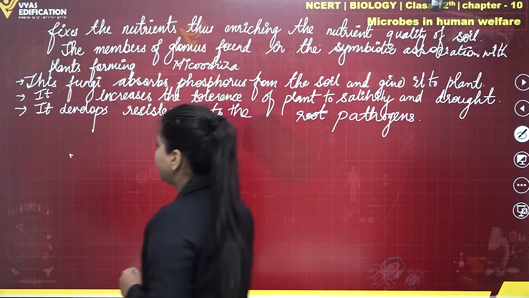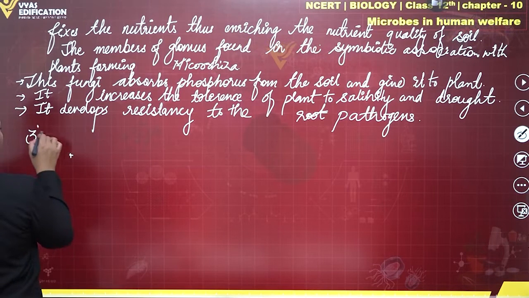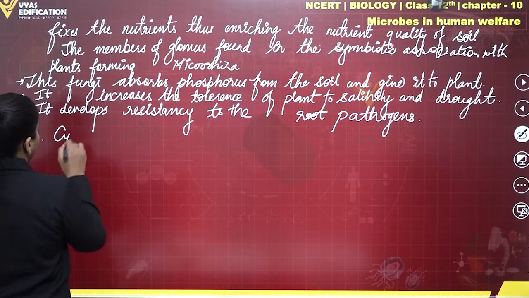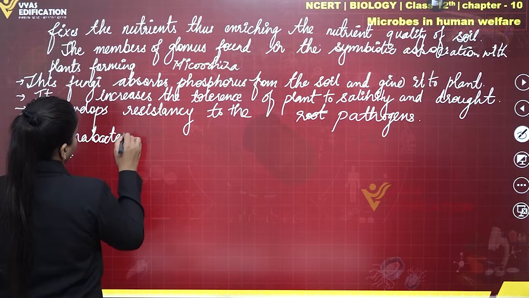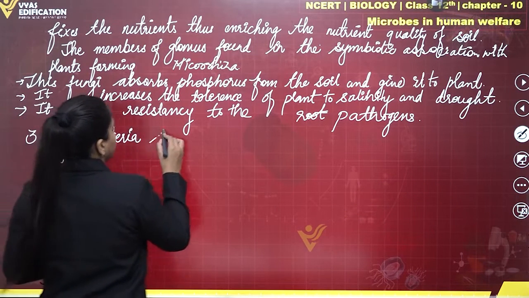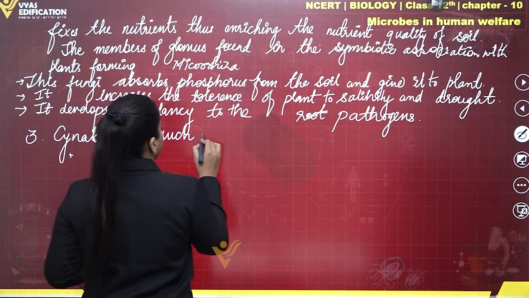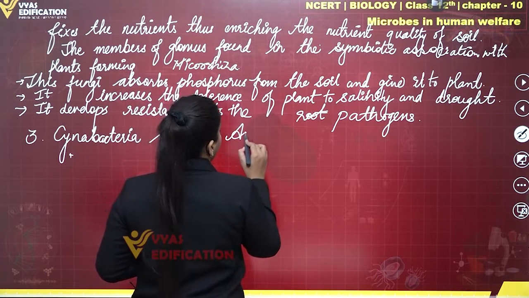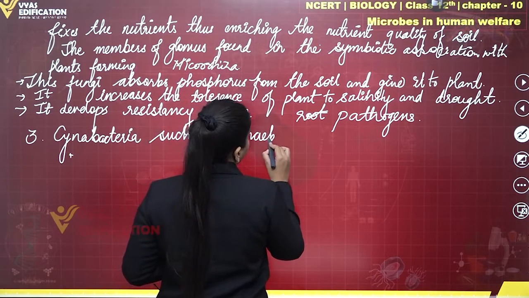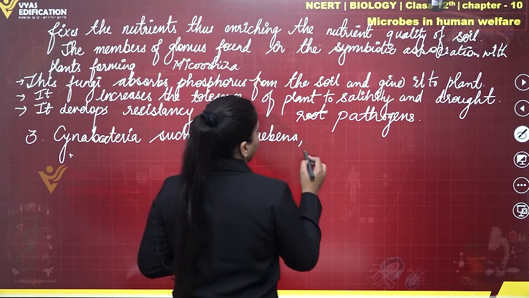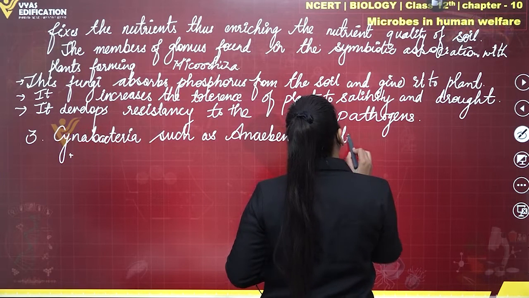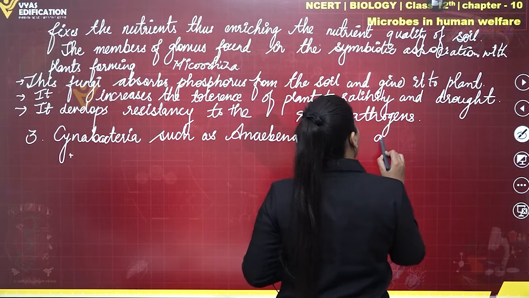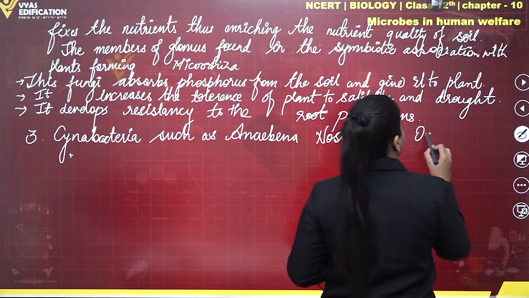Right. The next example is from cyanobacteria, such as Anabaena, Nostoc and Oscillatoria.